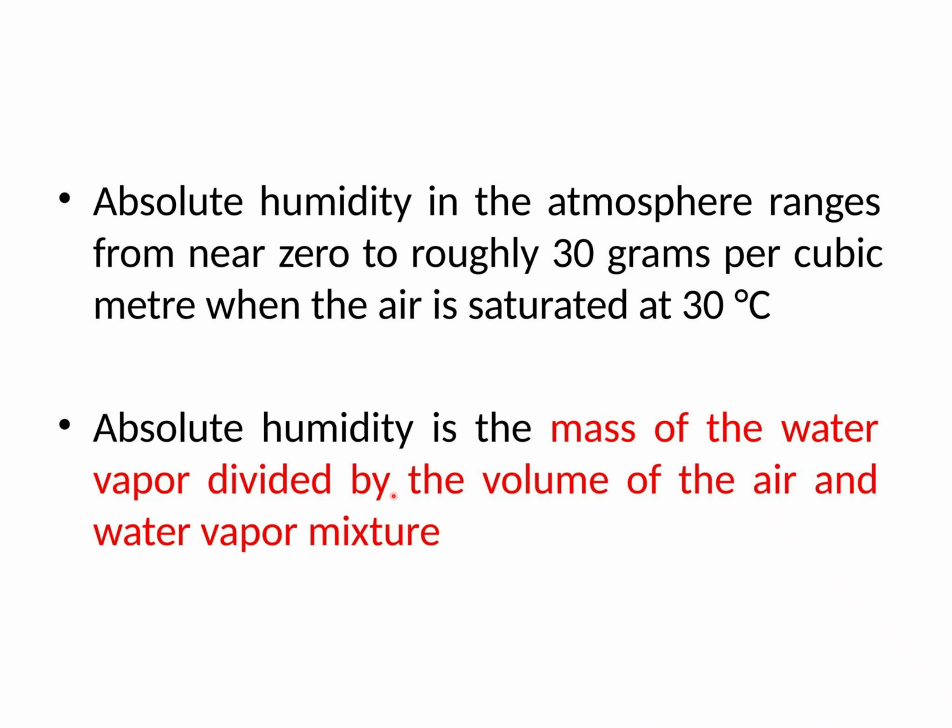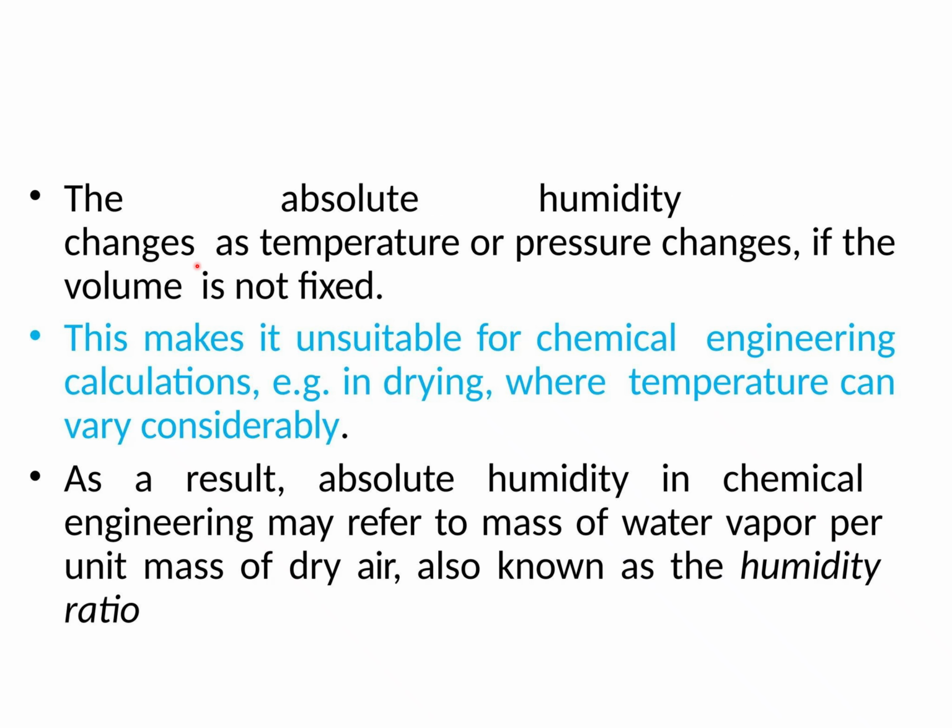It is the mass of the water vapor divided by the volume of the air and water vapor mixture. It changes as temperature or pressure changes if the volume is not fixed. This makes it unsuitable for chemical engineering calculation in drying where temperature can vary considerably. As a result, absolute humidity in chemical engineering may refer to the mass of water vapor per unit mass of dry air, known as the humidity ratio.